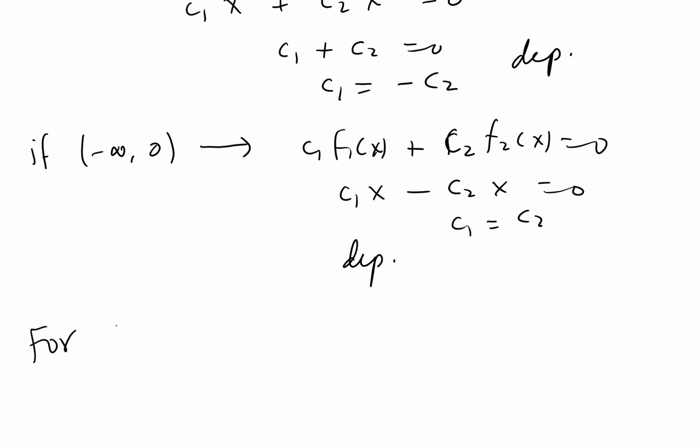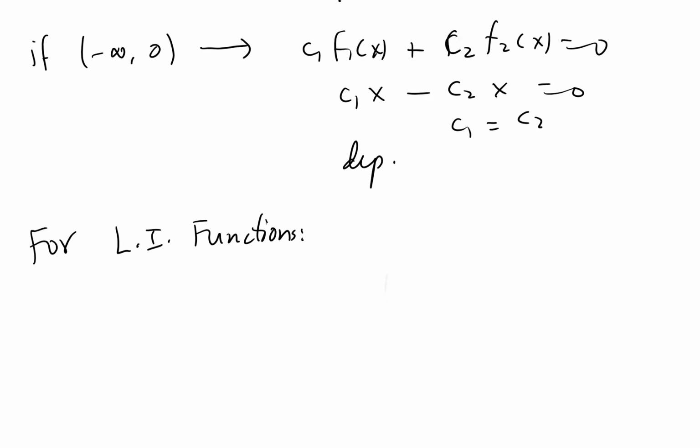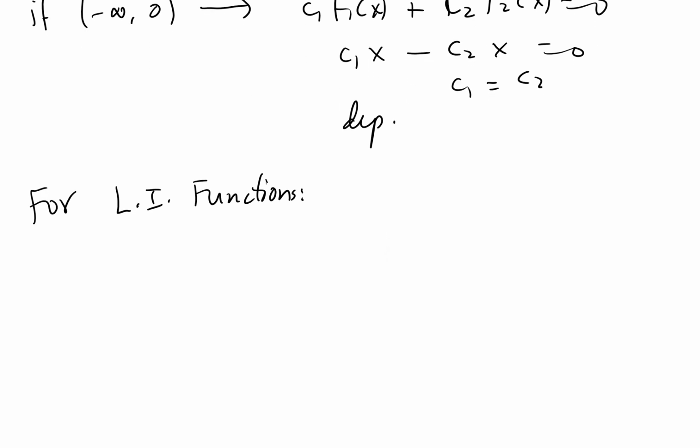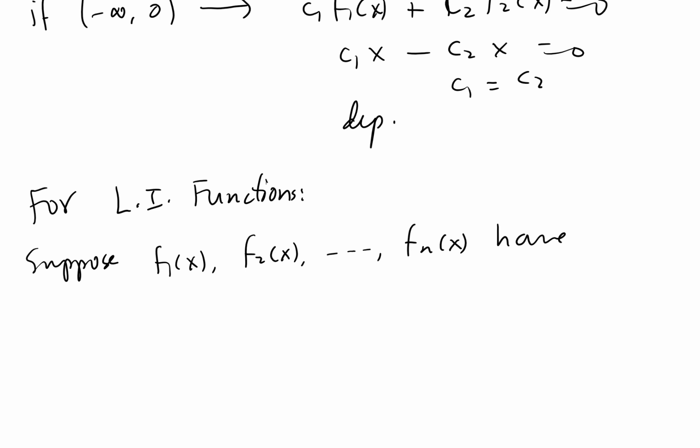Now for linearly independent functions, we have something to introduce here. Another way to check whether functions are linearly independent: suppose we have f1 of x, f2 of x, a family of functions up to fn of x, that have at least n minus 1 derivatives.